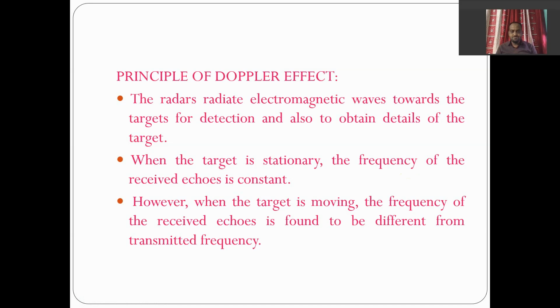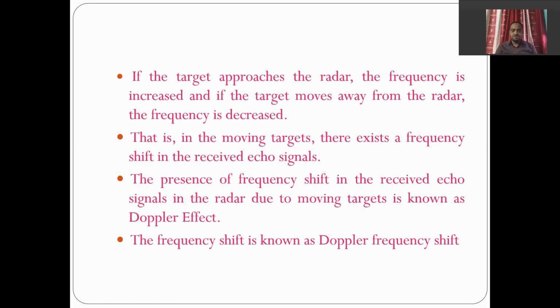So the basic concept is, if the target approaches the radar, the frequency of the Doppler signal, or the Doppler shift, will be positive in the case when the target is approaching us. The same Doppler frequency will be negative if the target is going away from us, that is called receding.